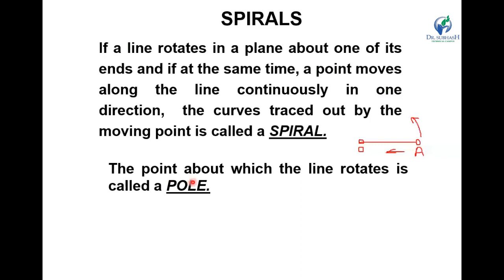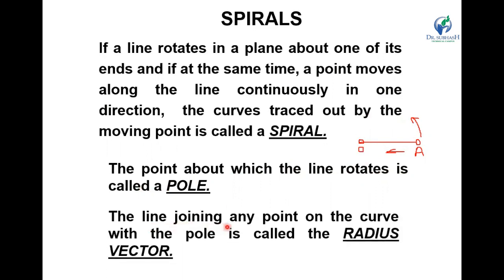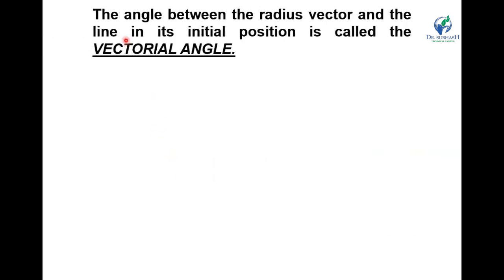The point about which the line rotates is called the pole. Here, point O on which this line is rotating is the pole of this spiral, and the line joining any point on the curve with the pole is called a radius vector. The angle between the radius vector and the line in its initial position is called the vectorial angle.